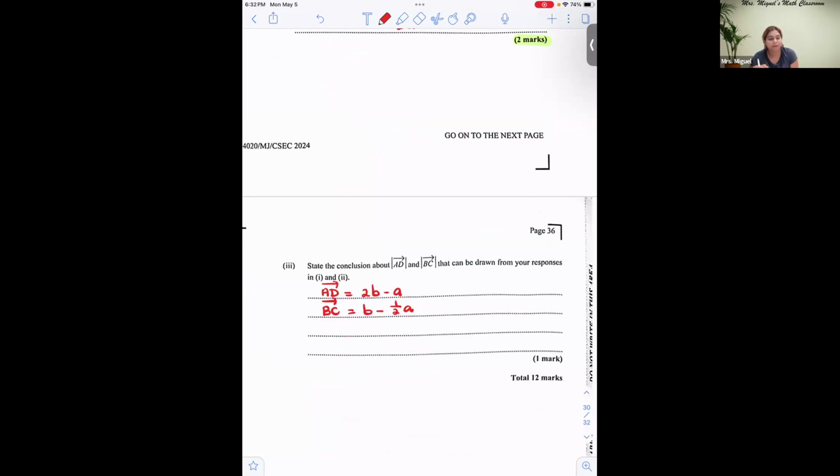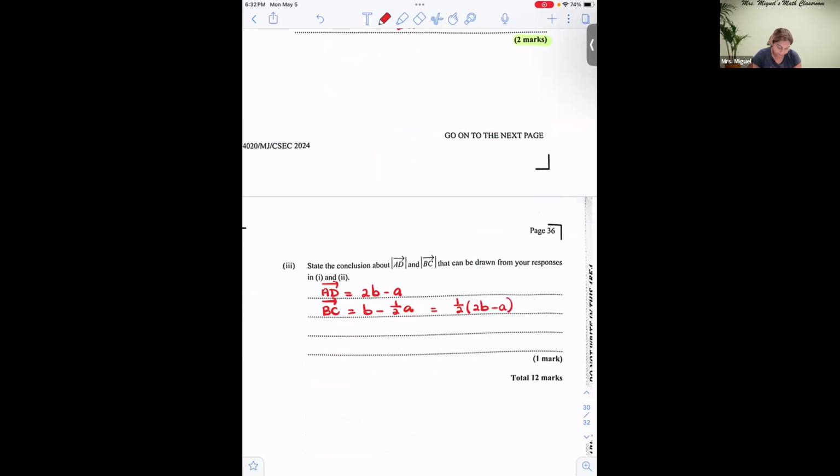And I should be able to pull out the common factor, right? So BC, if I take a half of this, will be 2B minus A.